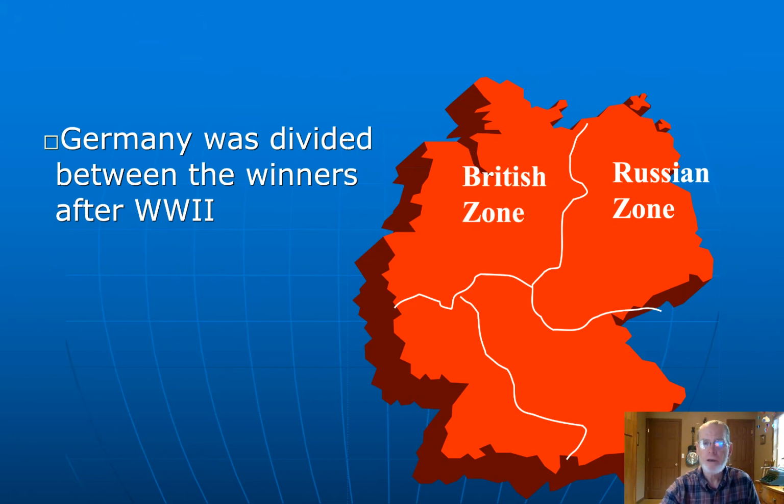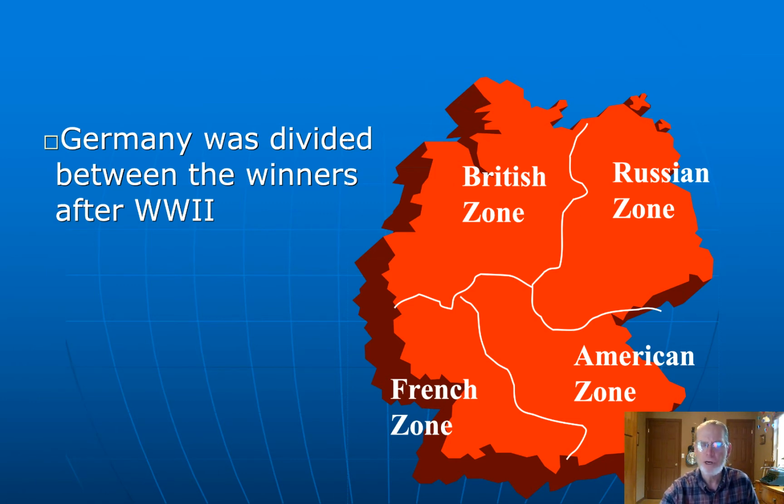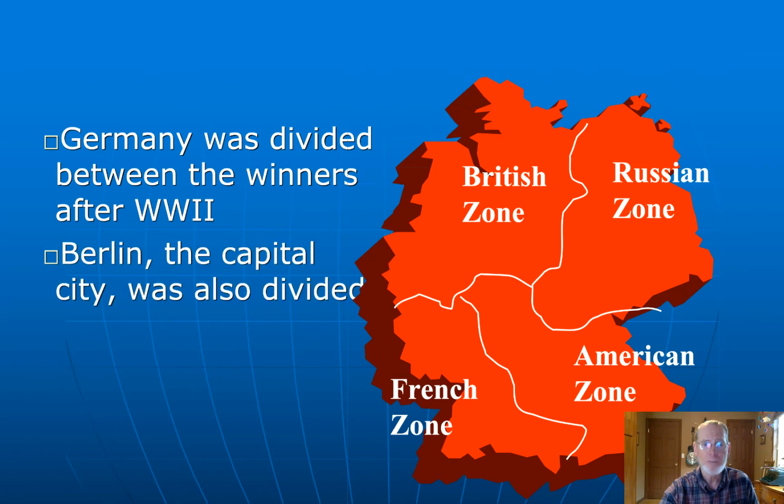And then the British took that section, the Americans got that section, and the French took that section. This is how Germany was divided after the war, and each military unit took care of that part of Germany while they hammered out the other decisions they had to make.